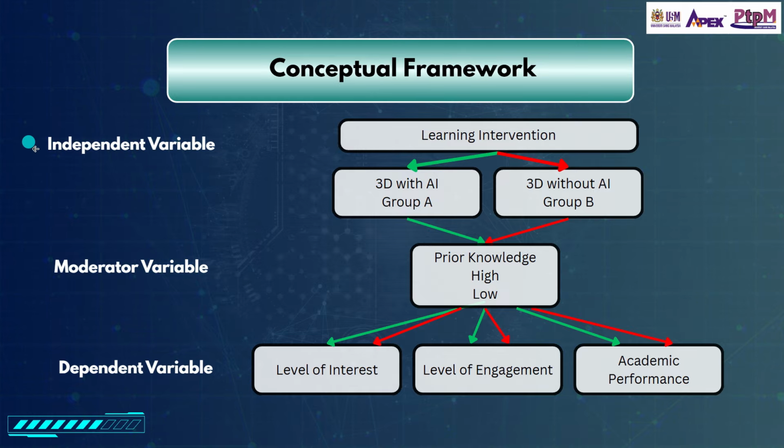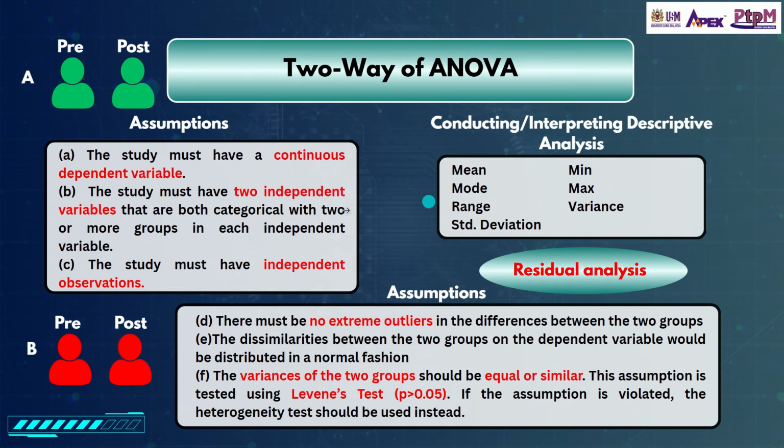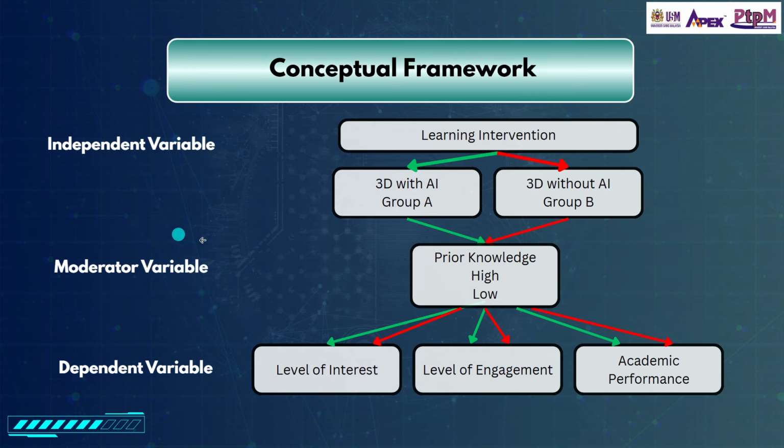If you can see, the first independent variable is learning intervention that has two groups, A and B. So both are categorical with two or more groups.